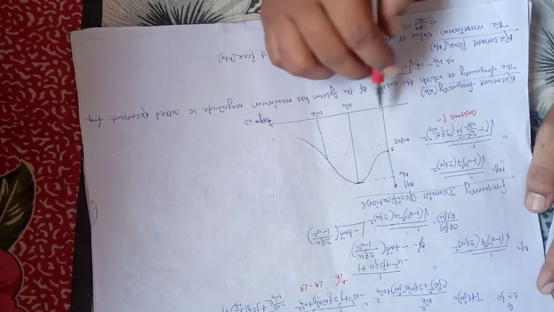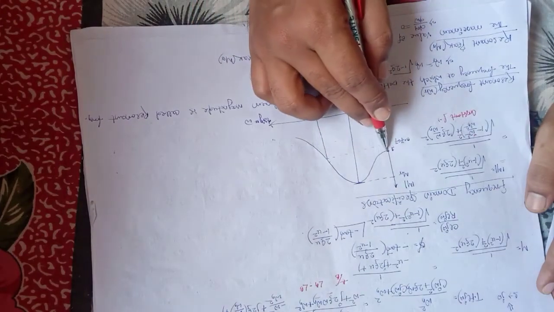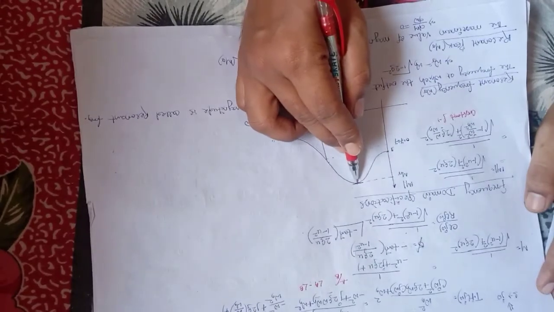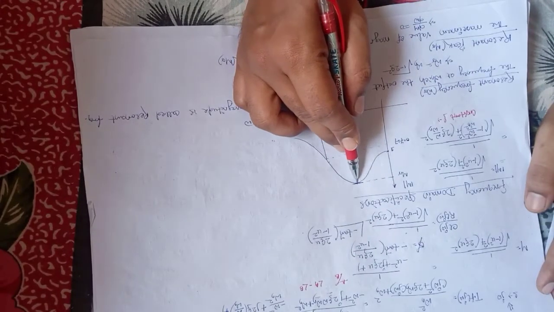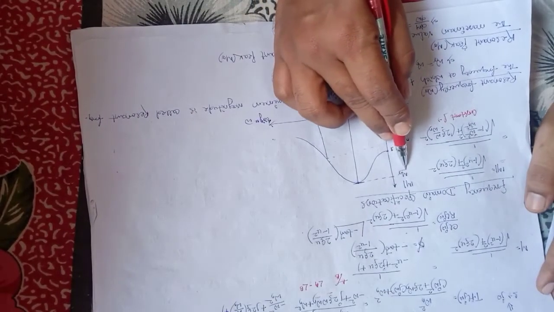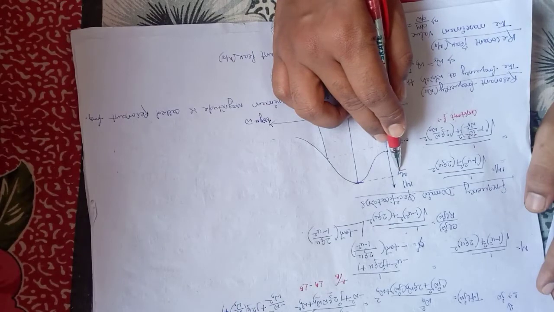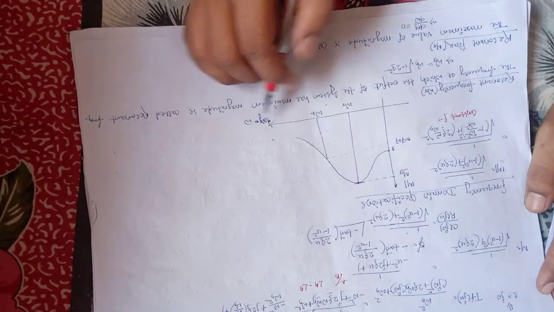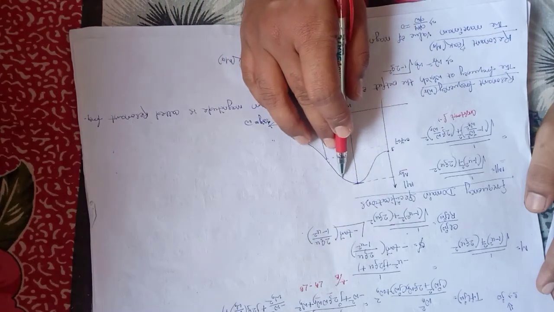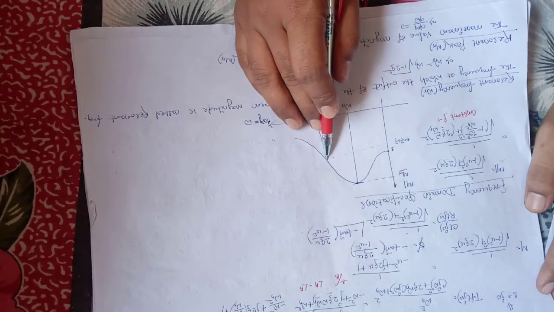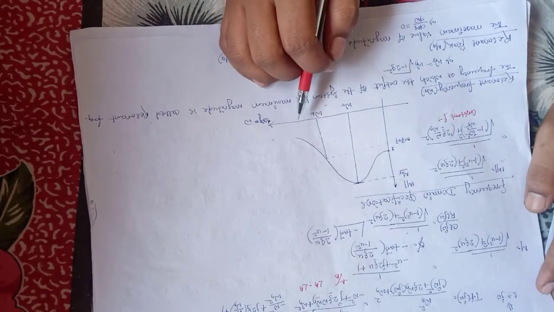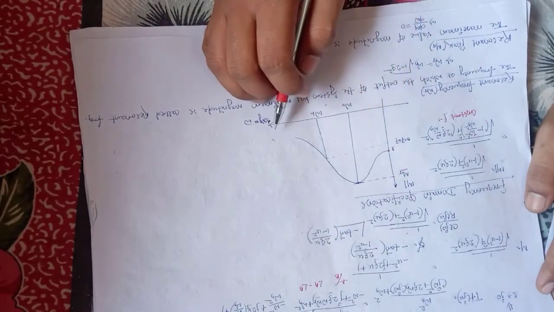Then with an increase in omega, my graph will gradually increase and it will reach its maximum value. The maximum value is called Mr, that is the resonant peak. Then with further increase in frequency, the magnitude will gradually reduce and it will become 0 when omega is equal to infinity.